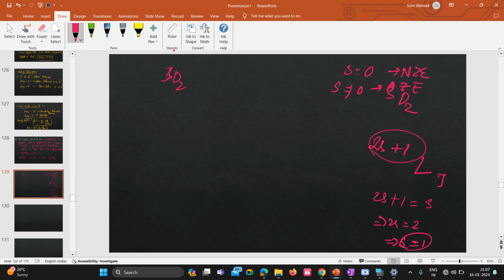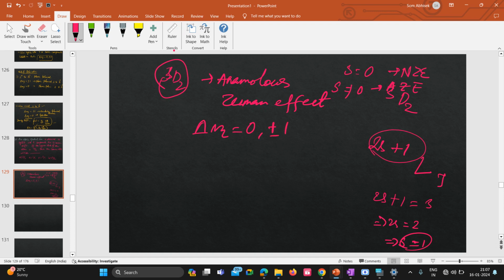So this is part of the anomalous Zeeman effect. That is the first thing. What is the selection rule in anomalous Zeeman effect? Delta m_l is equal to 0, plus or minus 1.